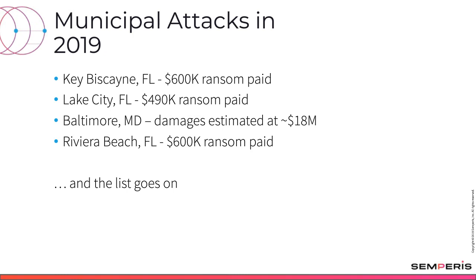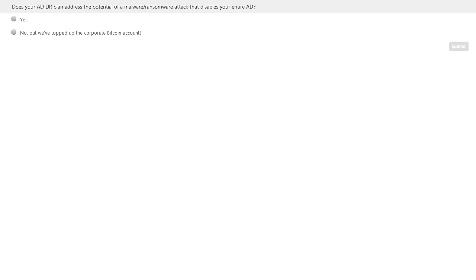And that actually brings me to my next polling question regarding your Active Directory disaster recovery plan. Does it actually address the potential of a malware ransomware attack that disables the entire Active Directory?